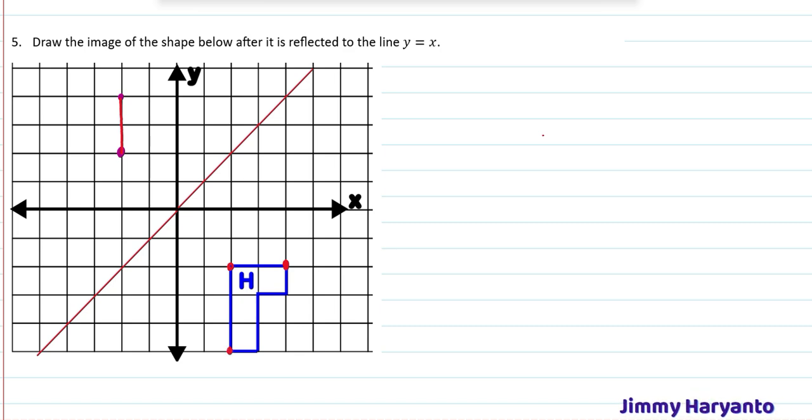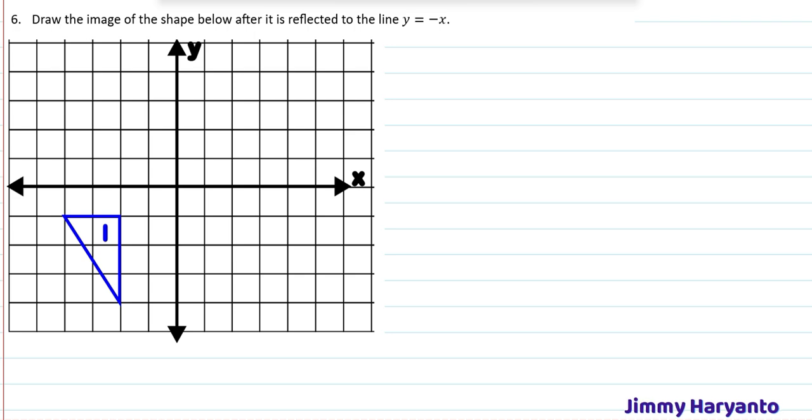Let's say that one, and then create the line diagonally. It's 3.5 units diagonal, yeah. So the image will be right there. Then we connect it one more time. After we can imagine the shapes, just connect it like this. Okay, so this is h prime, yeah.